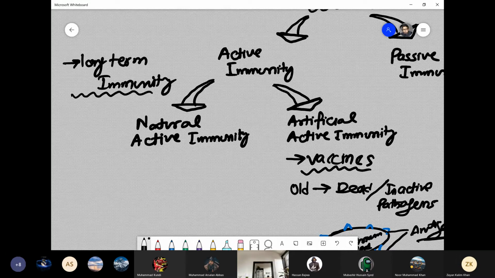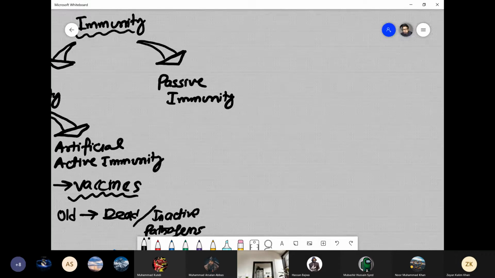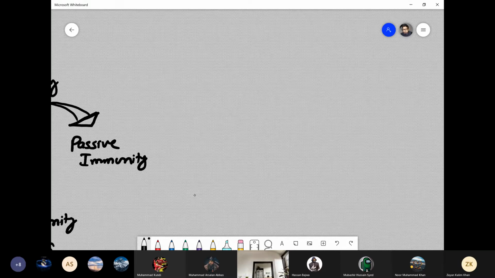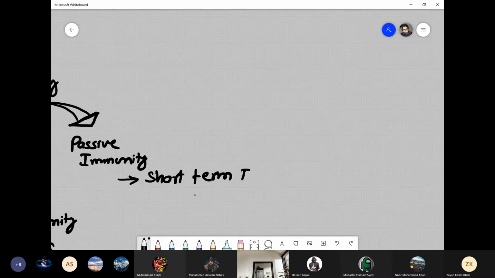Now, guys, let's talk about passive immunity. Passive immunity is a short-term immunity, and it lasts a maximum of 3 to 4 months.